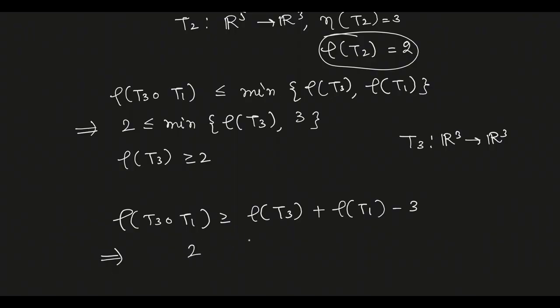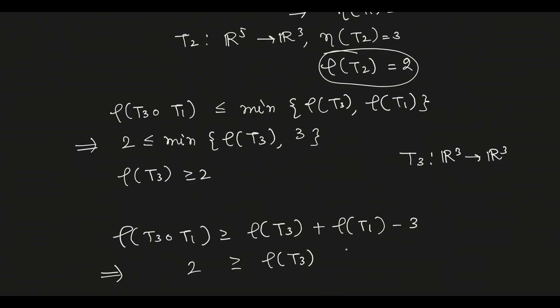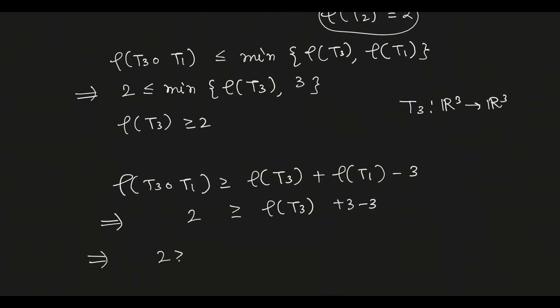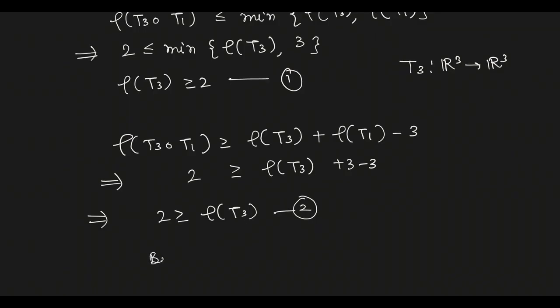So 2 is greater than or equal to rank of T3 plus 3 minus 3. So by 1 and 2 you can say that rank of T3 is 2. Is this clear? Yes, ma'am. Okay.